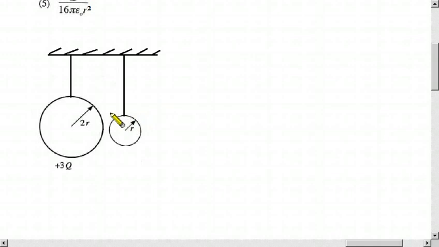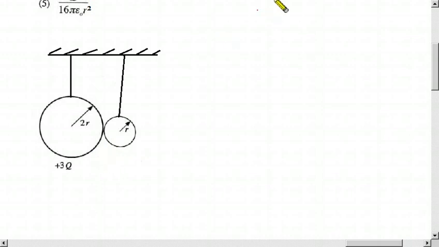So children, what happens? Due to the faint wind, this small sphere moves towards this large one and touches. Then what happens? This one has 3q charge positive, then the same thing happens.